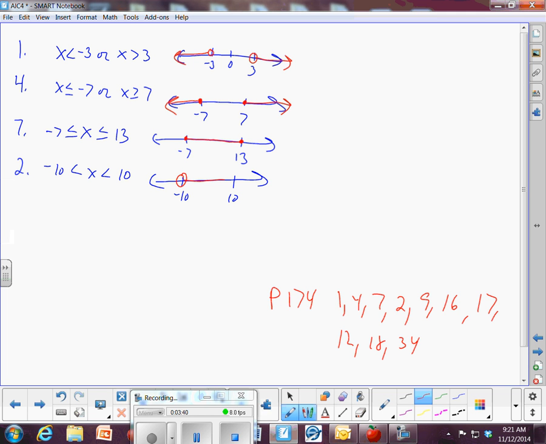Line all the way to the 10 with a circle on the 10. So values just bigger than -10 up to values just before +10. -10 less than x less than 10.